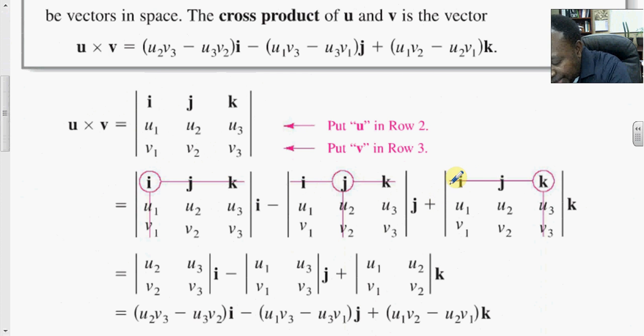Delete here for k, the k row and column. Then it becomes the determinant of the matrix. So it's u sub 1 times v sub 2, minus u sub 2 times v sub 1, right? This times that, minus this times this; we go in the opposite direction for the determinant.